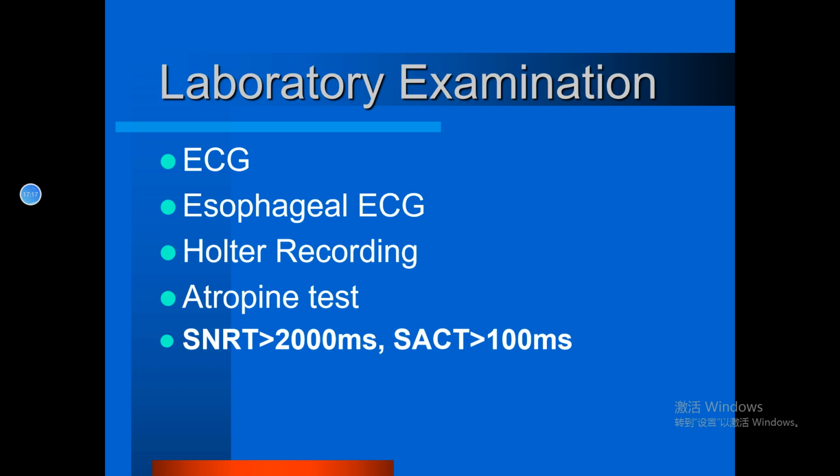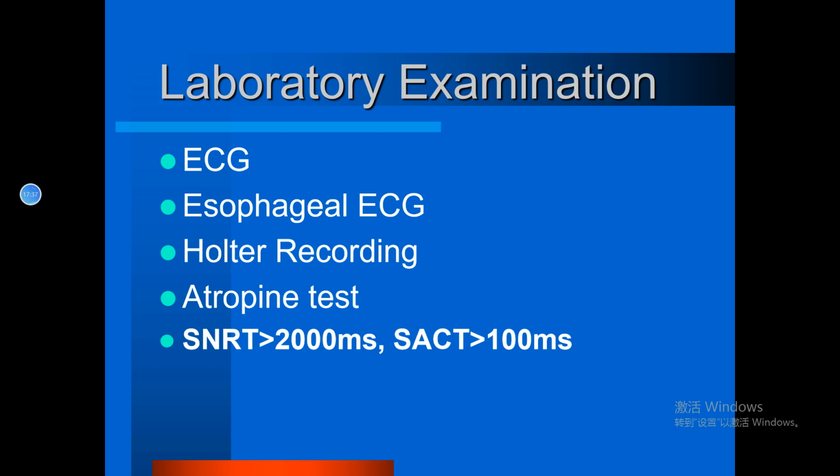What will you do for sick sinus syndrome in laboratory examination? The first one, ECG, is most important, right? You can do a 12-lead standard ECG for this patient if the patient has syncope.